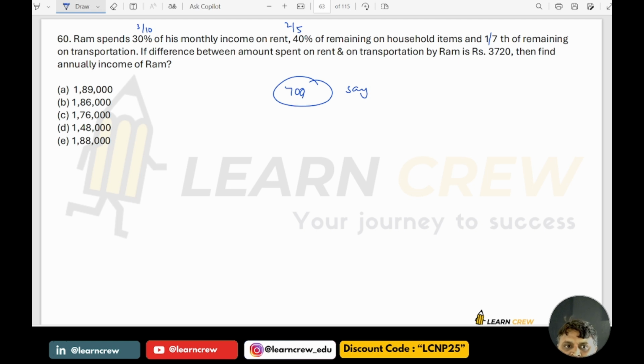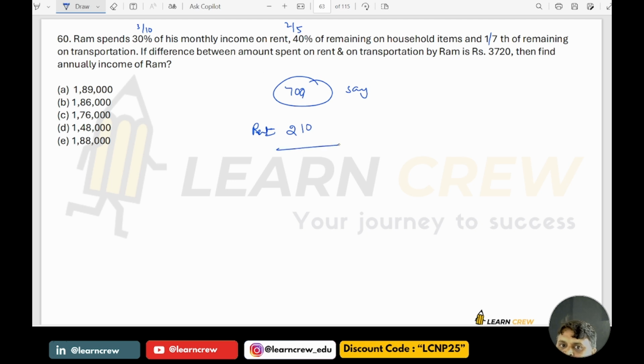Out of that, 30 percent he is spending on rent. So out of 700, rent is 30 percent, 210.